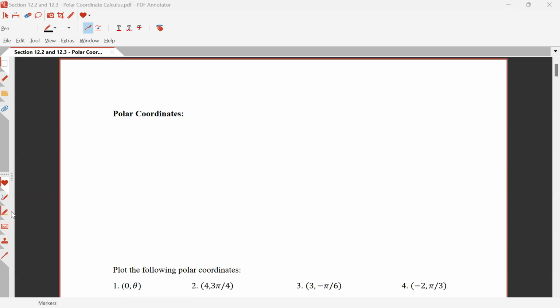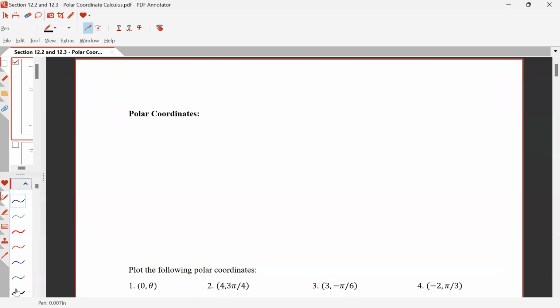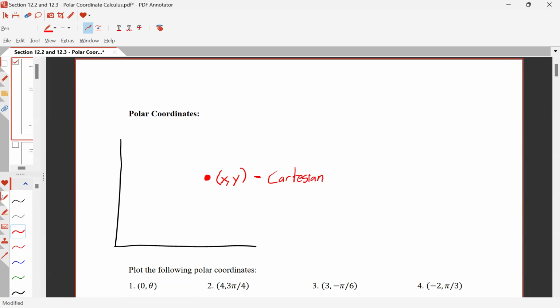So suppose I have some point on my coordinate plane that is in X and Y. And this is known as Cartesian coordinates or rectangular coordinates.